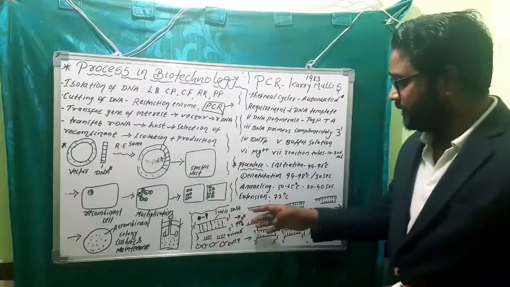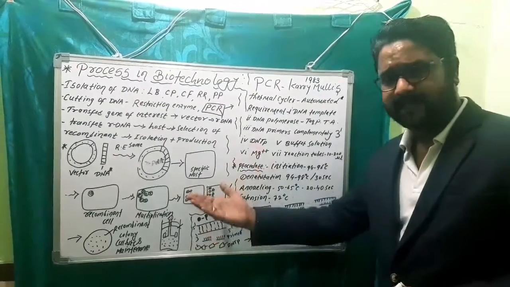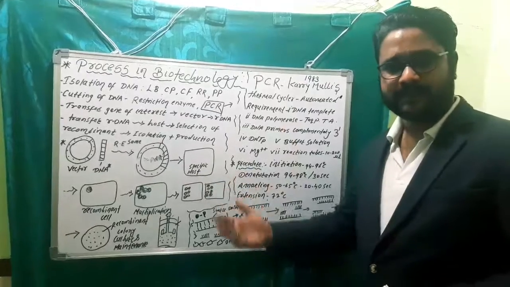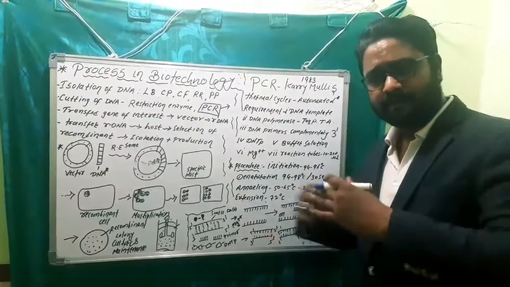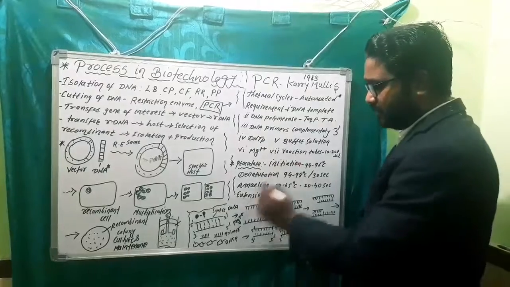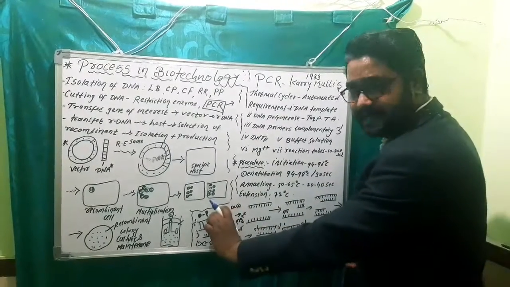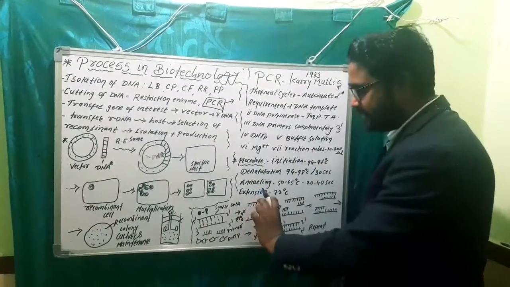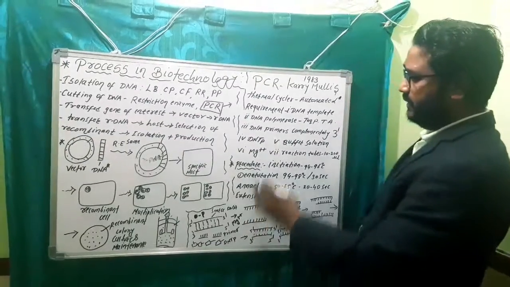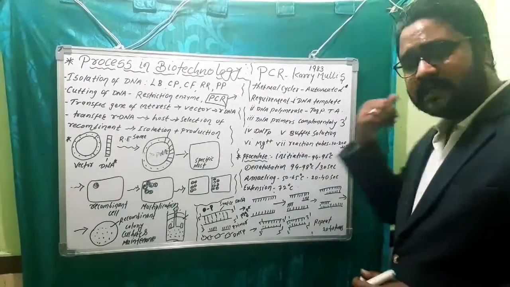The hydrogen bonds, that is, double bond between adenine and thymine, and triple bond between guanine and cytosine, are broken, and the two template strands get separated. This was a double stranded DNA, and we got these two strands separated by the process of denaturation. It is done at 94 to 98 degrees Celsius for 30 seconds.